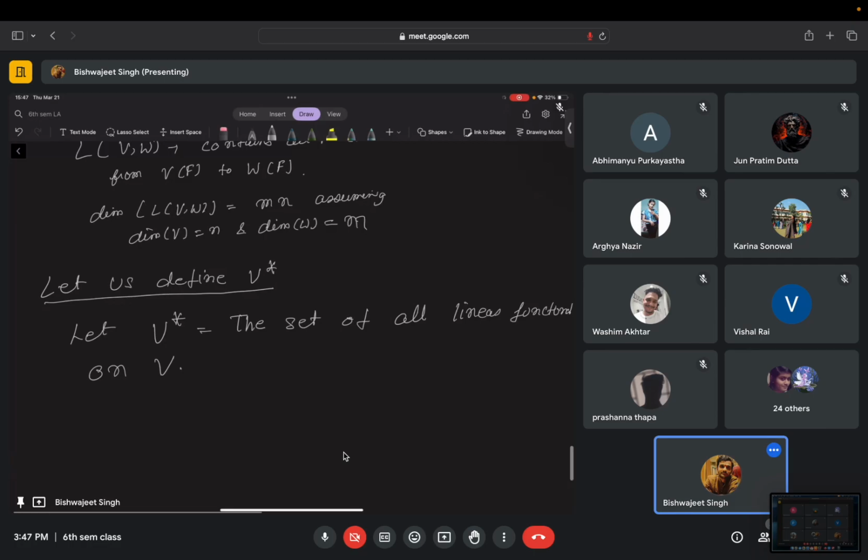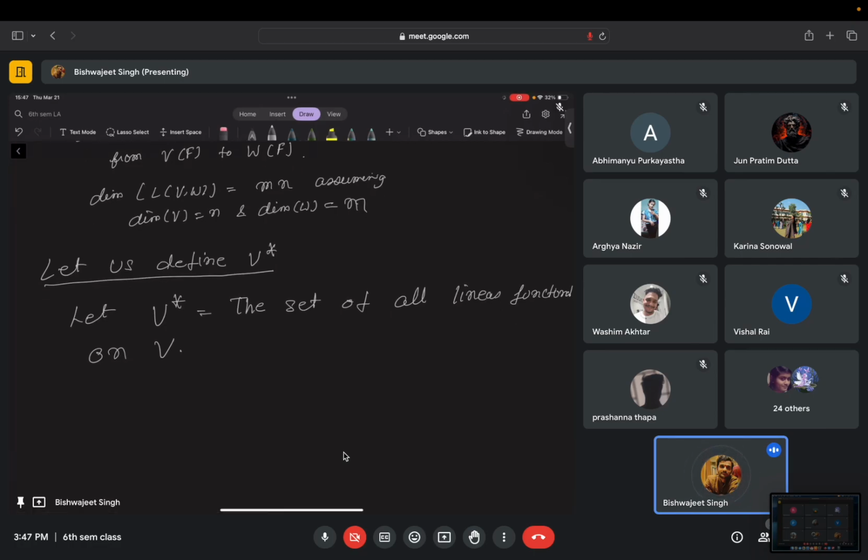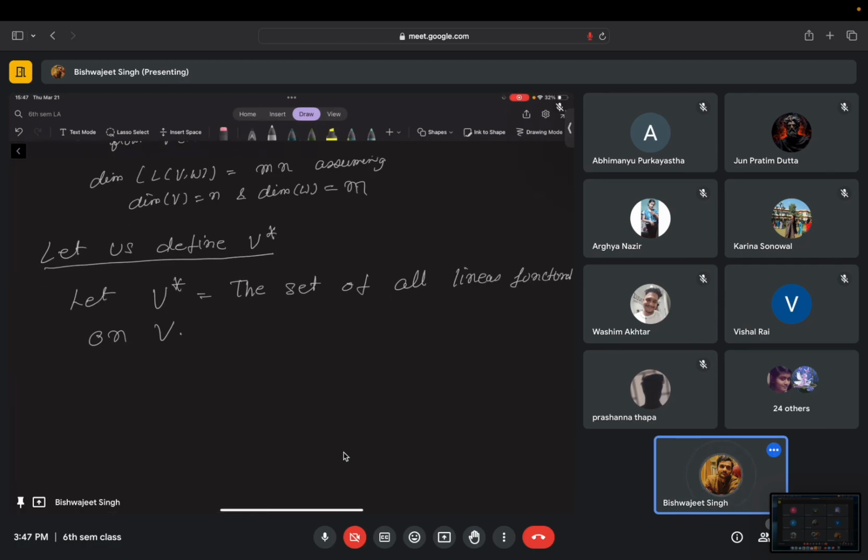We just saw what a linear functional is. A linear functional is nothing but a linear transformation from the vector space V to its field F. So basically it is a linear transformation from V over F to F.